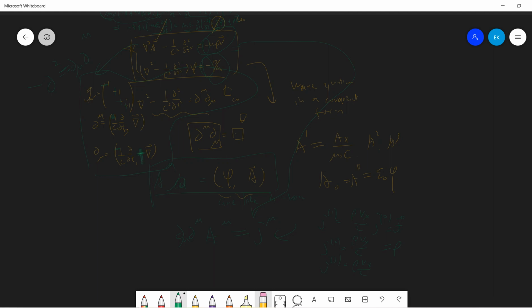Okay, so let me just clear. So the final result will be this one is just partial mu, and the 4 vector is just phi A. I denoted the 0 as the first component, and the partial mu is just, the correct one is 1 over c partial t plus, and for the lower one it is basically negative, the time direction. So this one is correct.